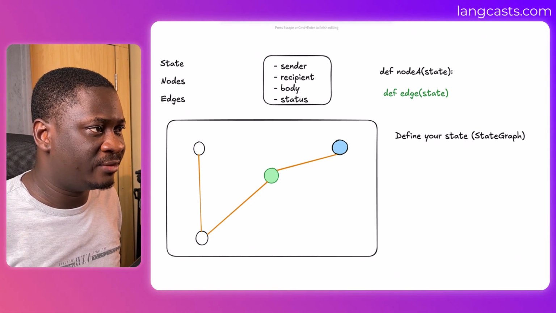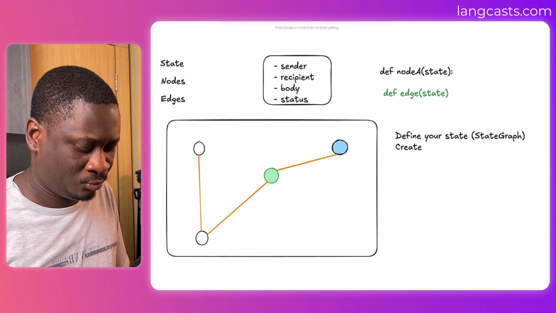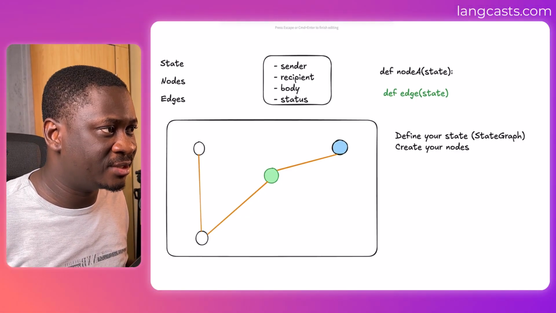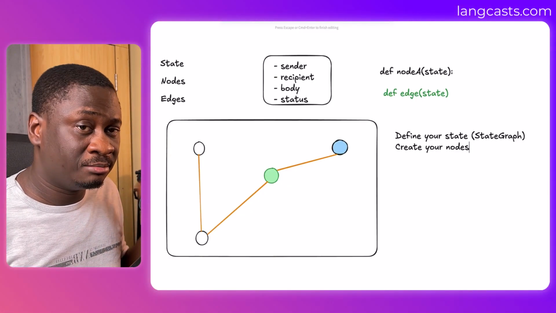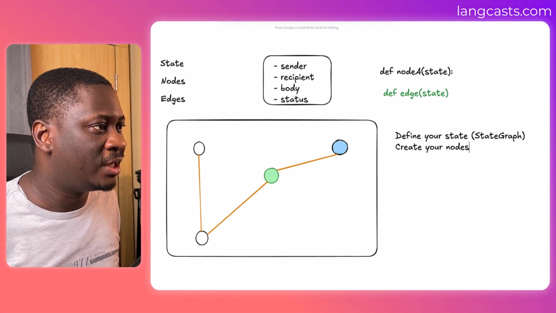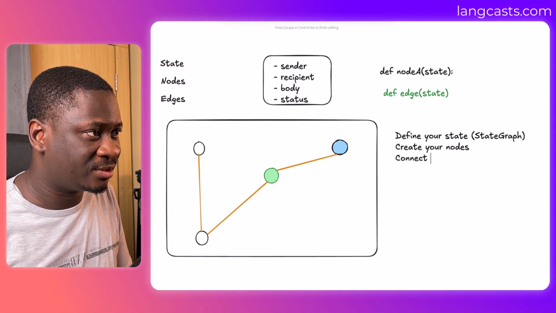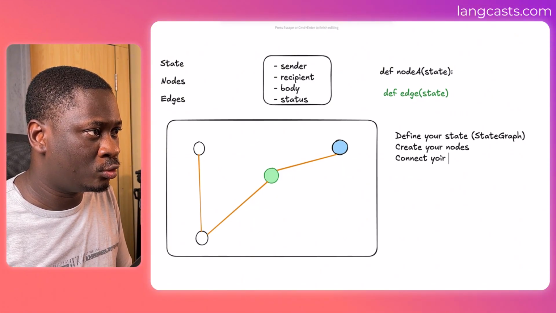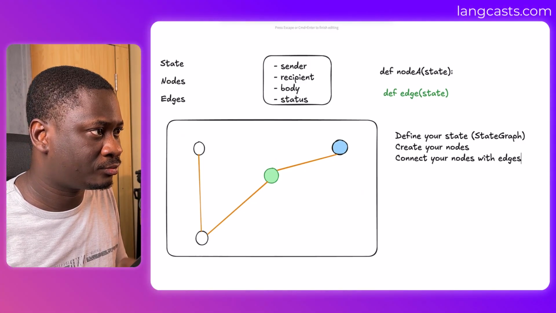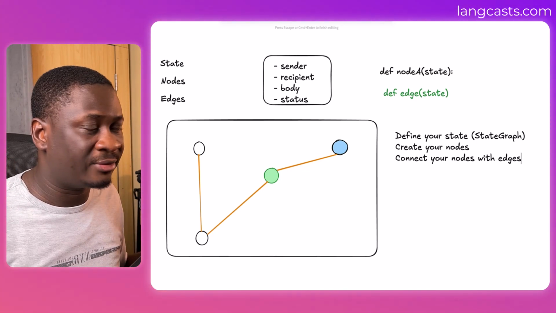Now, once you have your state defined, the next thing you're going to do is to create your nodes. To create your nodes, that is all the steps that you need in your AI agent. You create them as nodes, and those are basically Python functions that can receive the state of the AI agent. And once you have your nodes created, you connect them with edges. Once you have all of them connected, you have your graph.